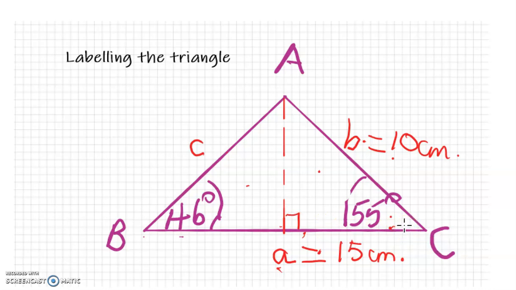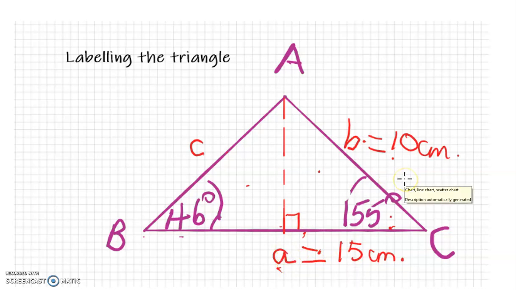The next thing is that we need to know how to label the triangle. The side opposite the vertex is put in lowercase letters. So here's capital C, and the side opposite vertex C is labeled lowercase c. The side opposite vertex B is labeled lowercase b, and the side opposite vertex A we call lowercase a.